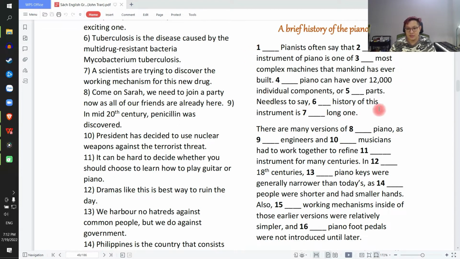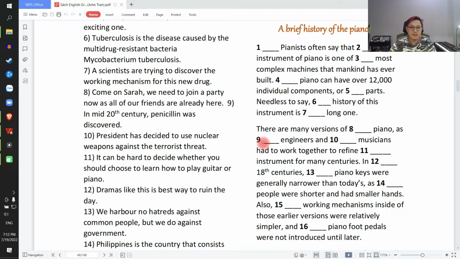We already know that we are talking about the piano, so you use the article the here. There are many versions of the piano, because we mentioned it before. We use the definite article the here.